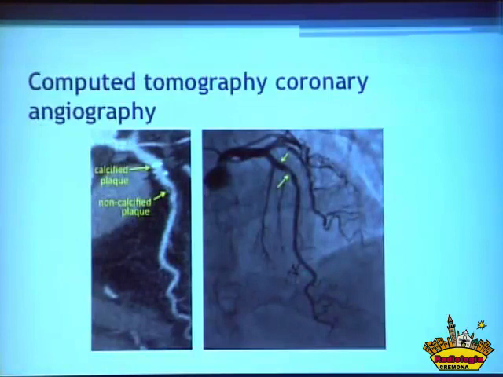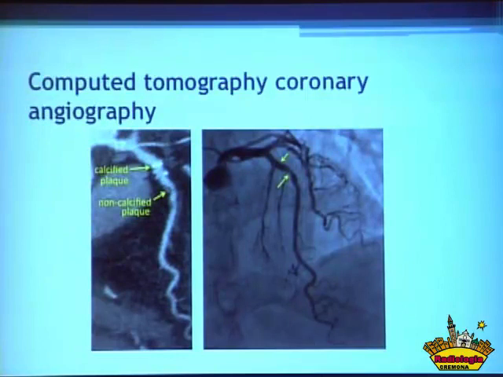On the left-hand side, we've got the coronary angiogram from the CT, and on the right-hand side, the invasive coronary angiogram. If you look at the lower arrow, we've got a non-calcified plaque, and you can see that the CT and invasive coronary angiogram images correlate nicely. We're seeing the same sort of things.